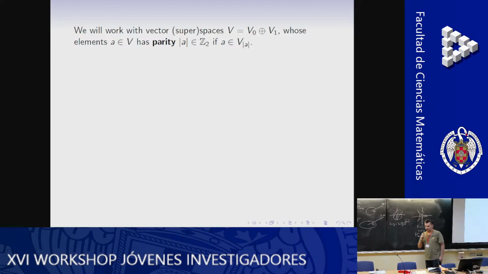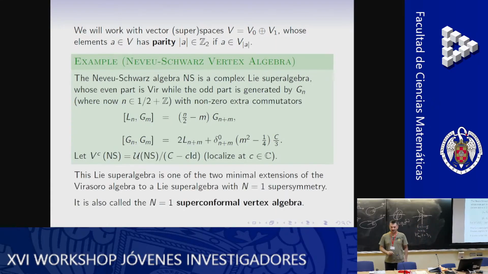Y lo primero es pasar a la versión super del álgebra de Virasoro, que es el álgebra de Neveu-Schwarz, que es una superálgebra de Lie compleja, cuya parte par es el álgebra de Virasoro y cuya parte impar está generada por estos elementos G_n, donde ahora voy a considerar n que vive en un medio más Z para denotar que estos son impares, con estos conmutadores extra.